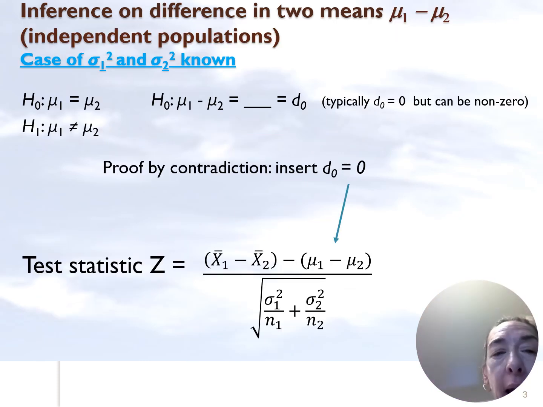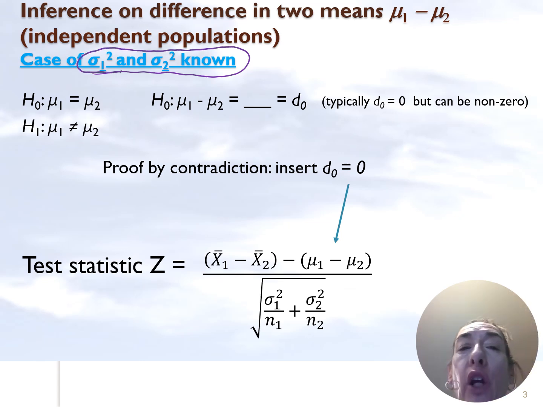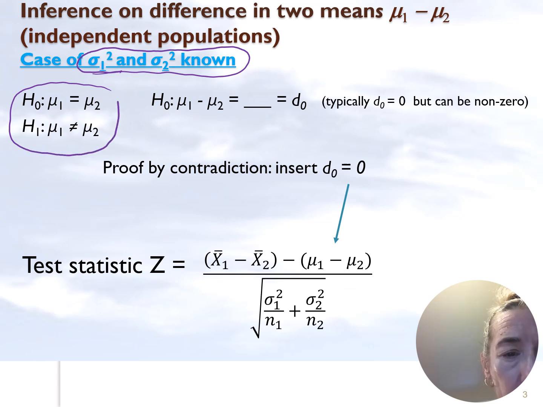Okay, so same case, our sigmas are known. But now we want to go through the proof by contradiction aspect. When you are doing inference on two means, this is often what your null and alternative hypotheses look like. Normally we hypothesize that mu1 equals mu2 versus the alternative that mu1 is not equal to mu2.